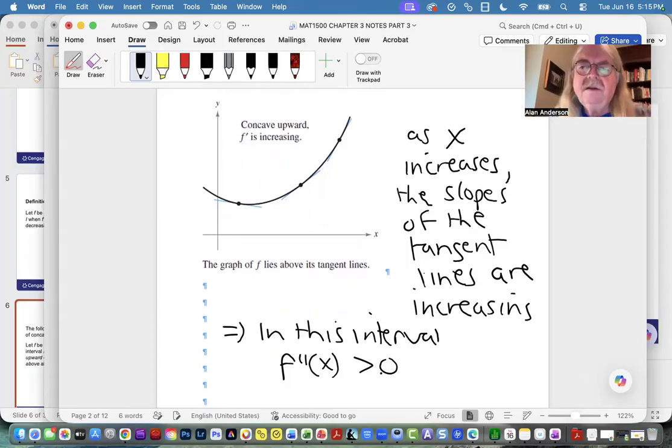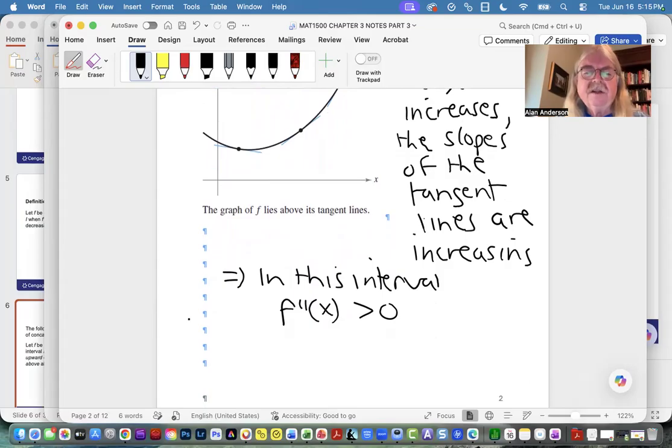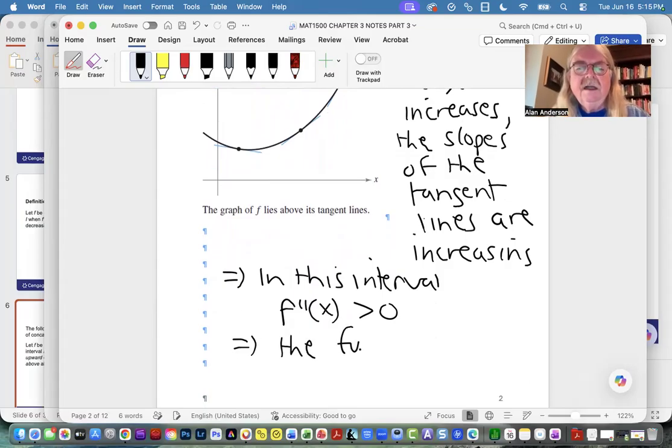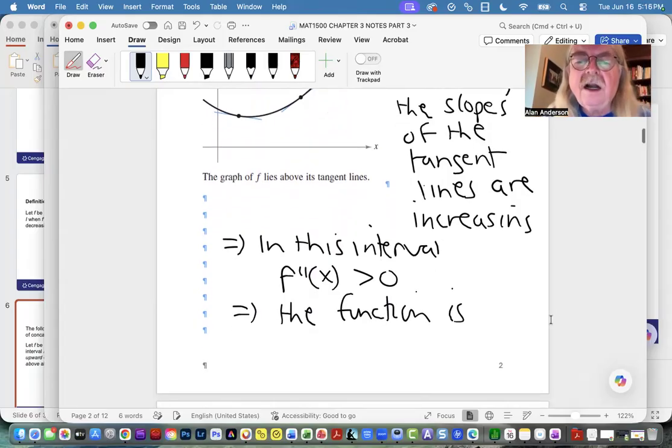Because as x increases, so does the first derivative, as you can tell by looking at the slope of the tangent line. And that in turn means that the function over this interval, we're going to call it concave up.